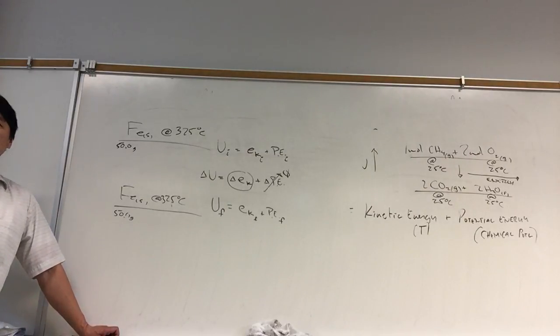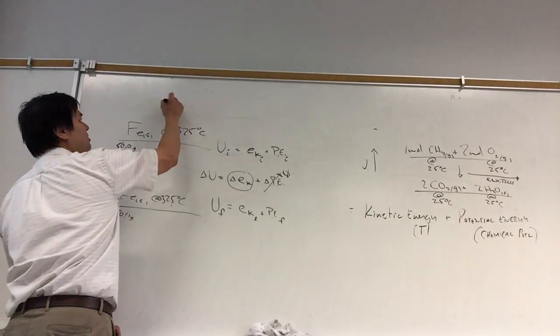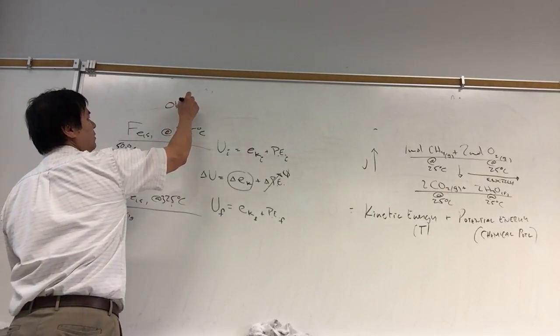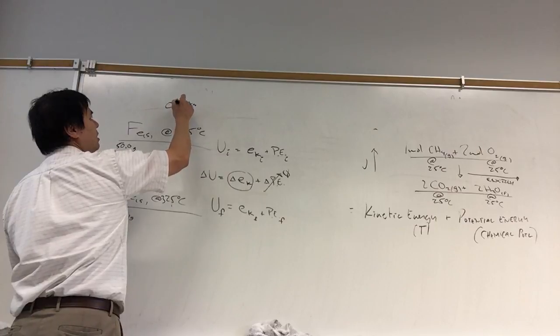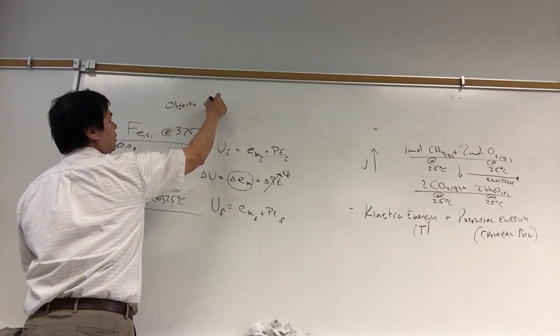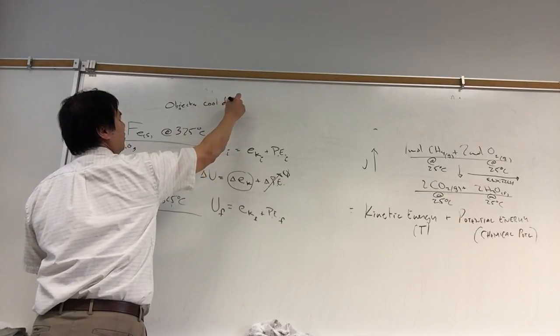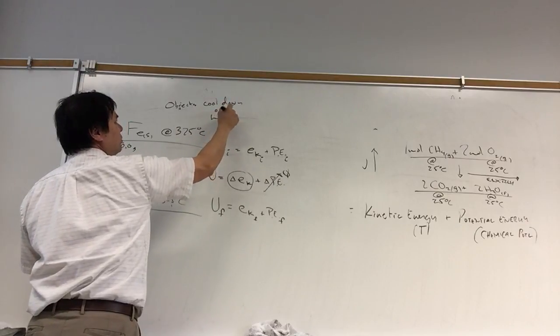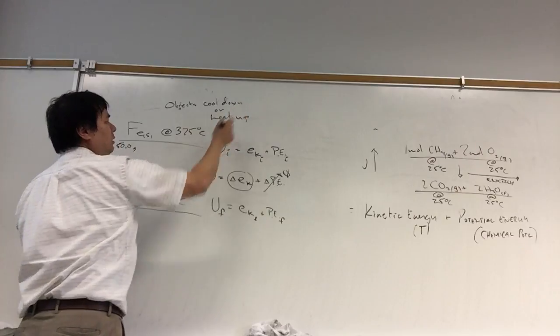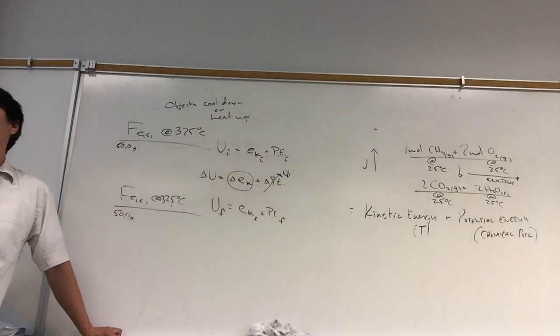temperature. All objects are like this. When we're dealing with a system that is an object, objects cool down or heat up. That's all they can do because nothing happens to their potential energy. They're just an object.